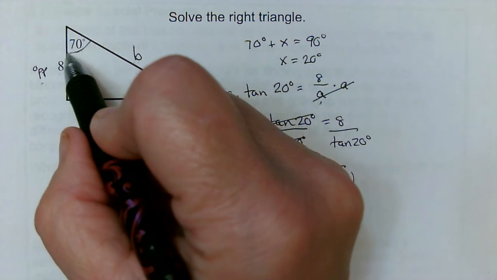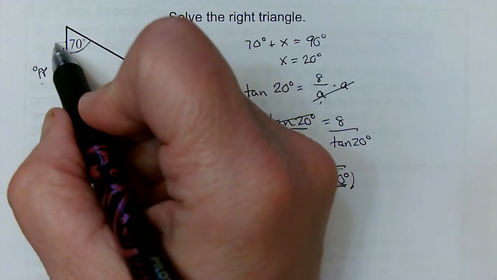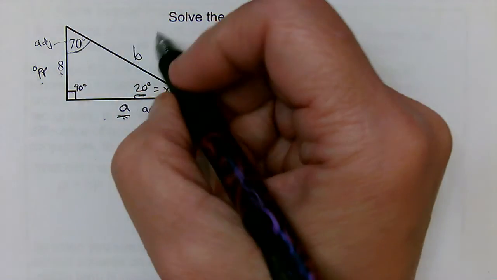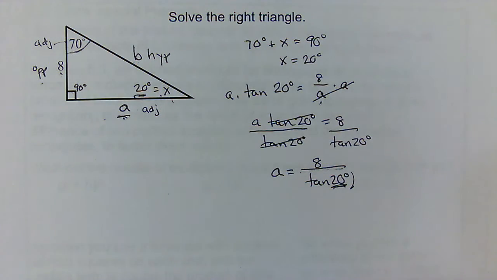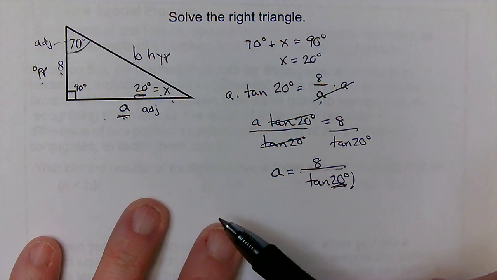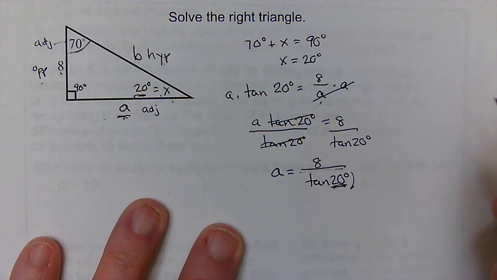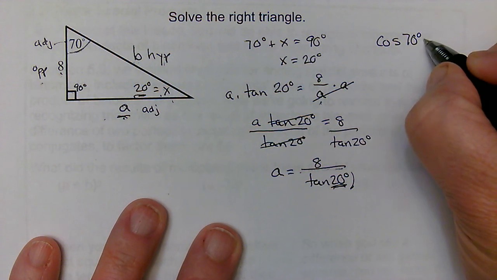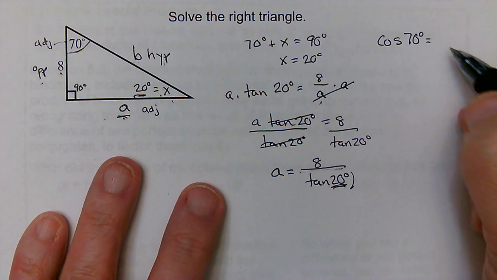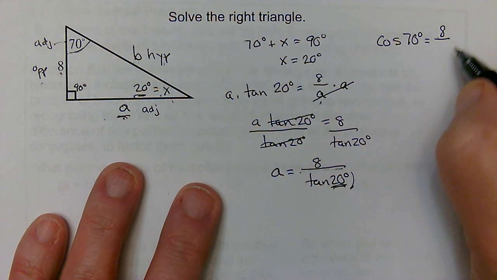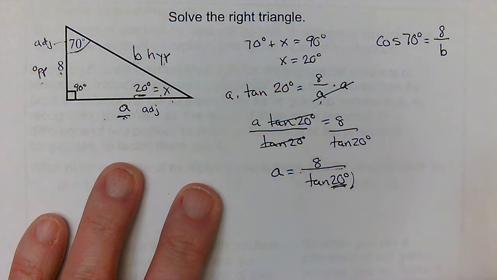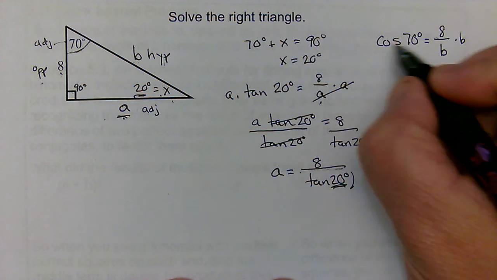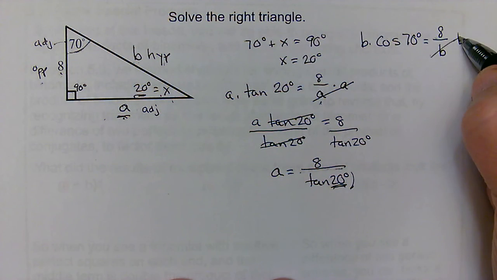So with the 70-degree angle, this side is the adjacent side. And I'm trying to find the hypotenuse. So the trig ratio that has adjacent and hypotenuse in it is the cosine. So I'm going to write cosine of 70 degrees equals the adjacent, 8, over the hypotenuse, which is B. Now I'm going to multiply by B on both sides to get the B out of the denominator.